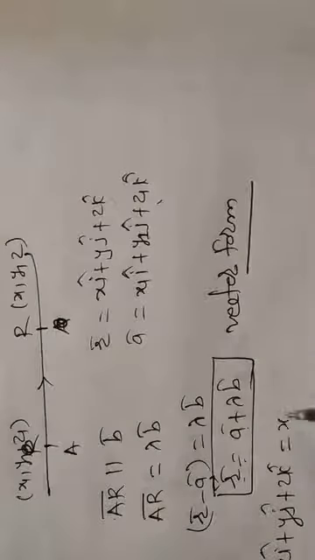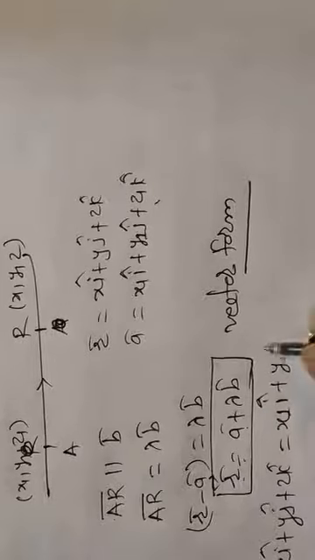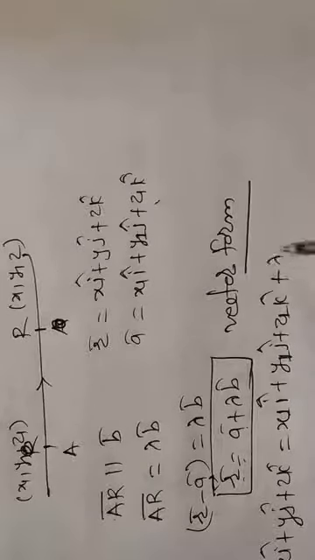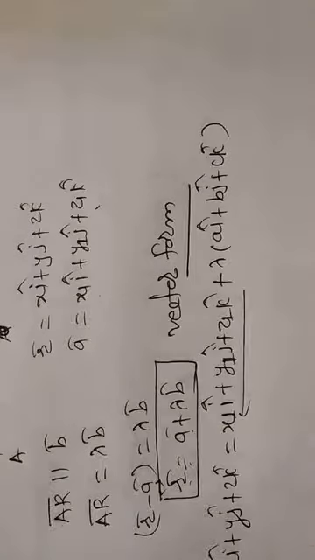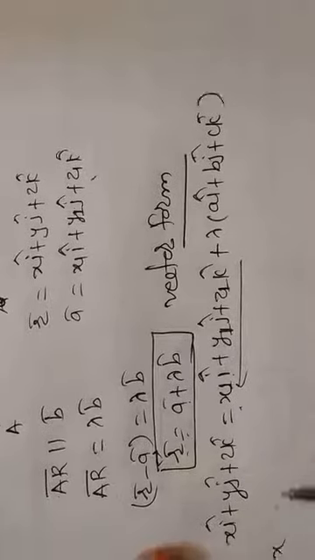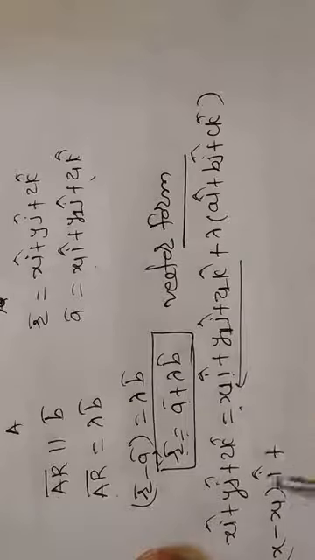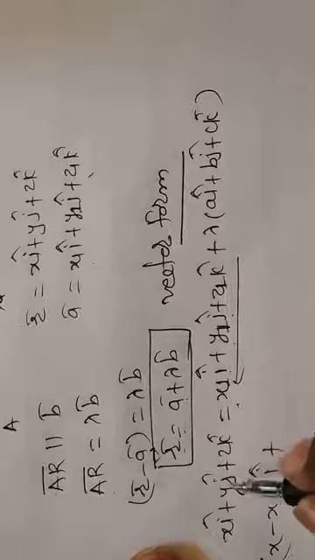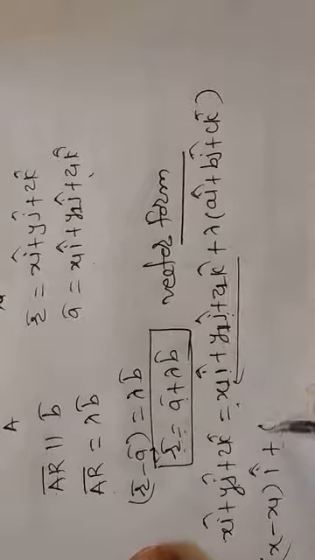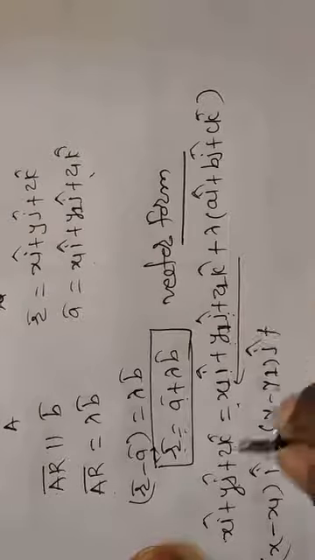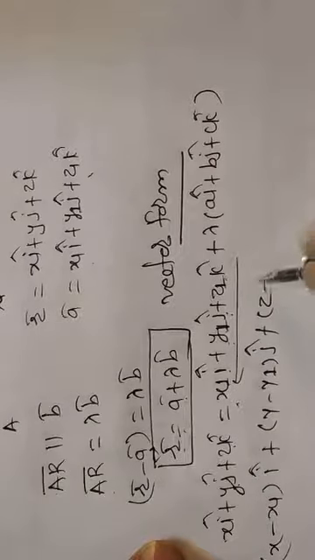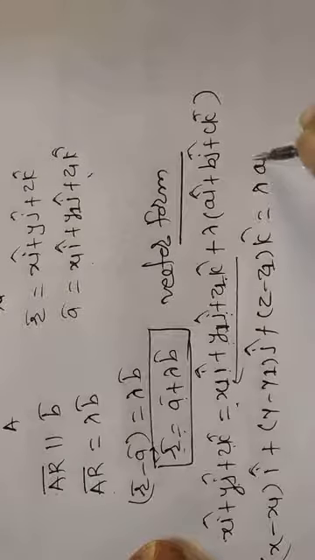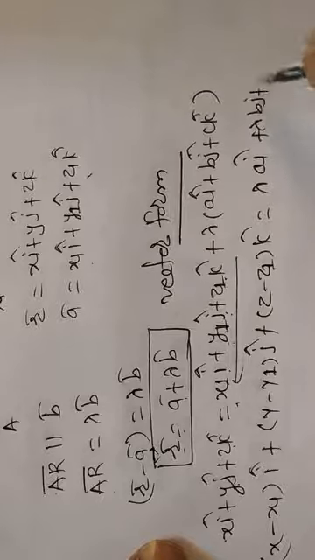A bar is x1 i plus y1 j plus z1 k, plus lambda times B bar, that is a i plus b j plus c k. Shifting, x i minus x1 i is simply x minus x1 of i, and similarly y minus y1 of j, and z minus z1 of k is equal to lambda a i plus lambda b j plus lambda c k.